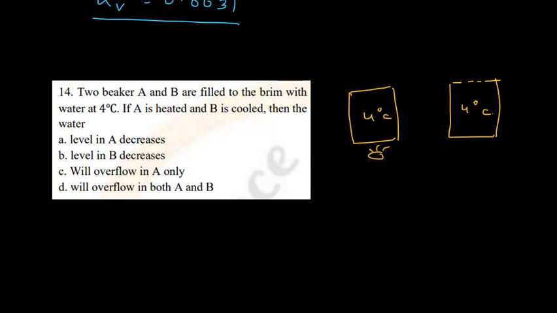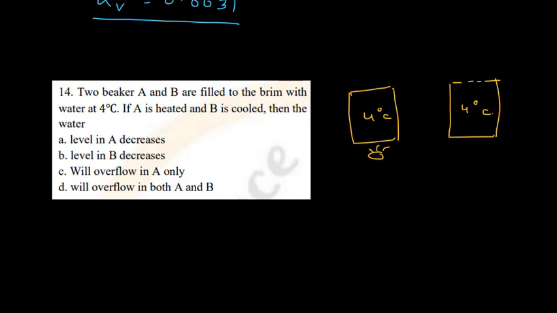Understand it this way: when we decrease the temperature of water, its density keeps on increasing up to 4 degrees Celsius. At 4 degrees Celsius its density is maximum. Then when we decrease the temperature further, it starts expanding.